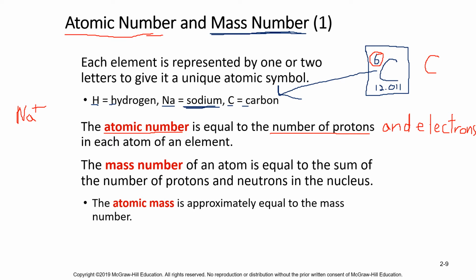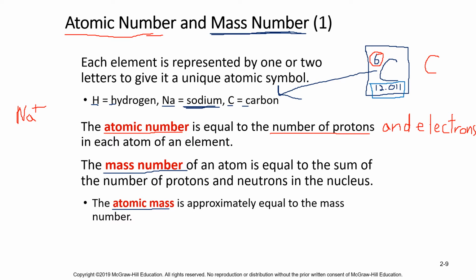The mass number we typically don't see. We usually see the atomic mass on a periodic table. And the atomic mass is the bottom number. It's usually centered, but it can also be in a different spot.